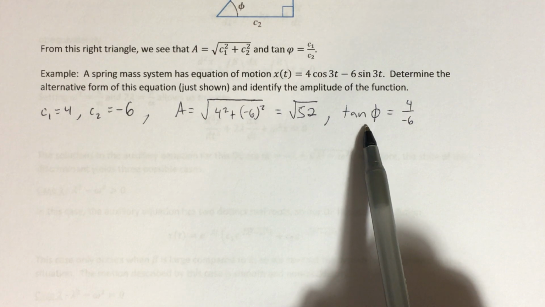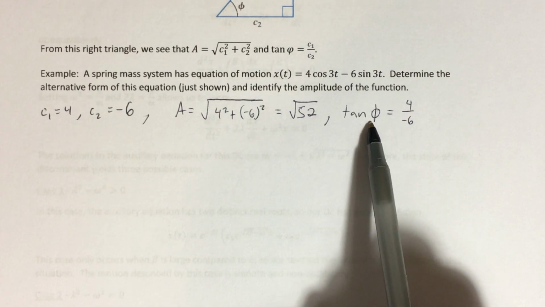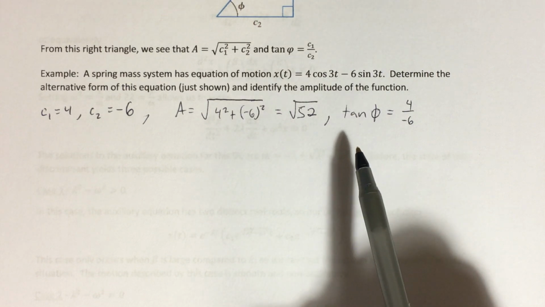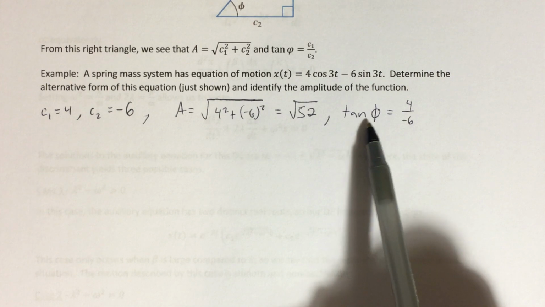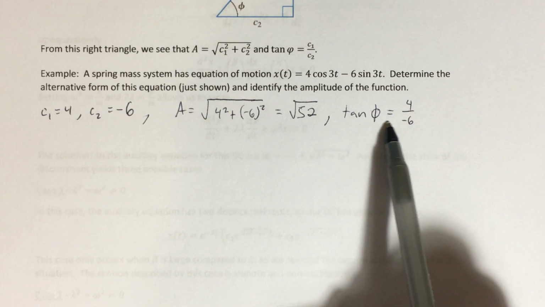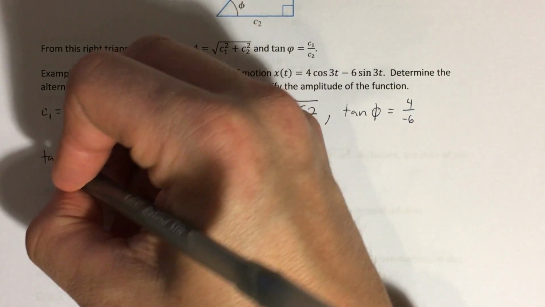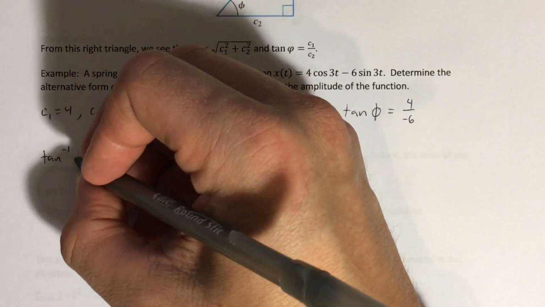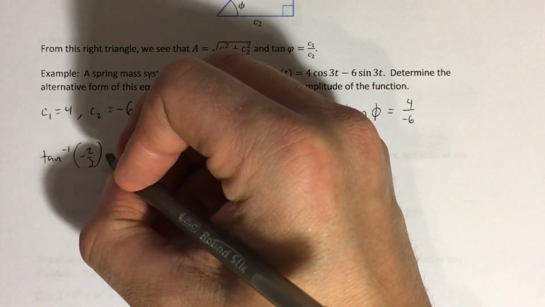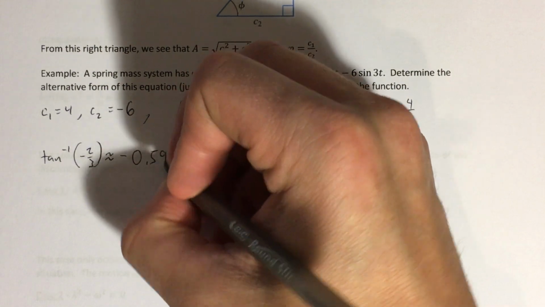And the reason why is because the inverse tangent function, remember, has a restriction on its range. It can only give you angles in the first or fourth quadrant of the unit circle. But there's no reason phi needs to belong to one of those two. So for example, if I took the inverse tangent of negative 2/3 here, I get a number that's approximately negative 0.59, okay?